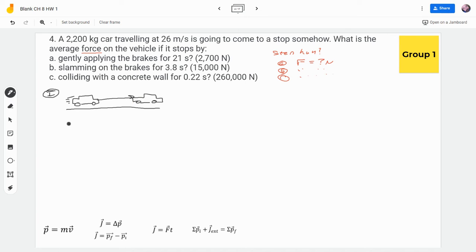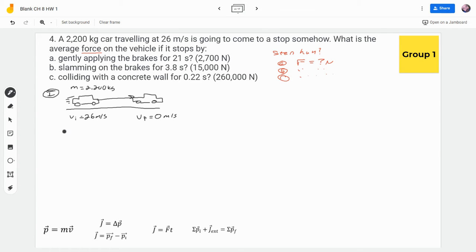So no speed lines at the end. We have mass is 2,200 kilograms, and V initial is 26 meters per second because it's going to the right, and V final is 0 meters per second. If we do it this way, we're going to have a certain change in momentum.